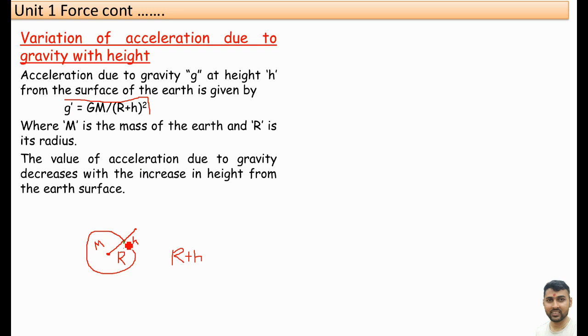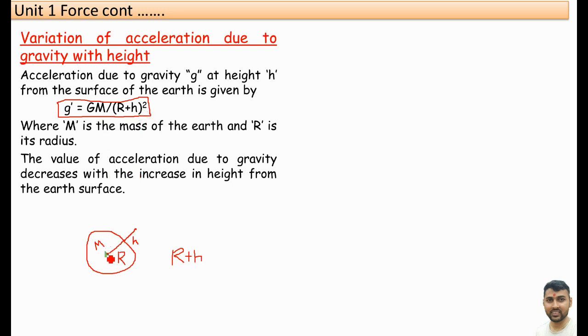At that condition, we have g', the acceleration due to gravity. At the surface of the earth, acceleration due to gravity is denoted by only g, but at a certain height from the surface of the earth, we have to use the term g' instead of g.